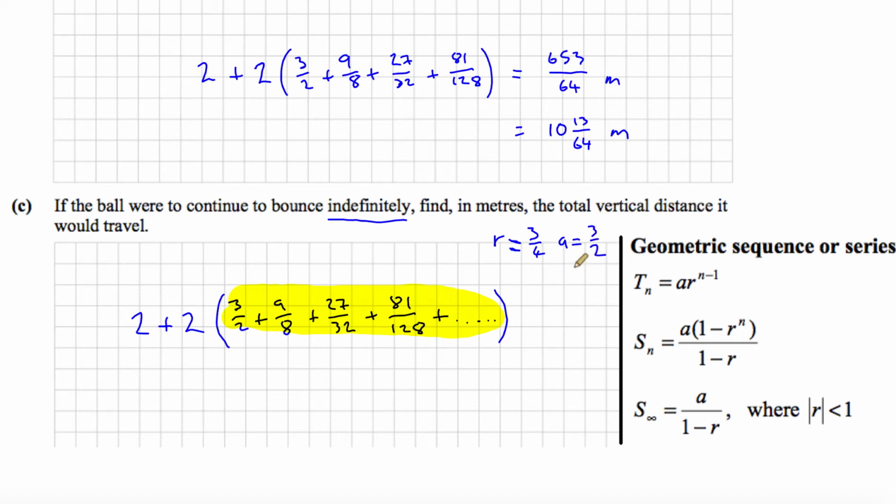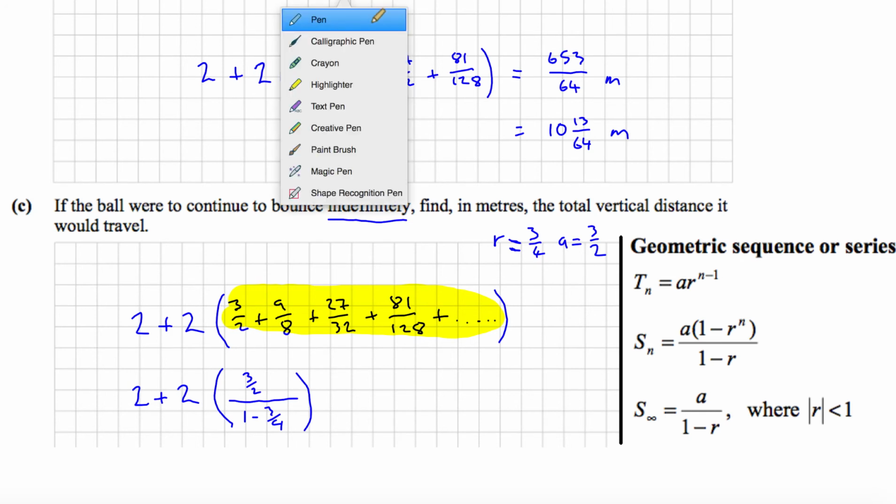So now that I've established a and r, I can substitute these into my formula. So that's going to give me 2 plus 2 times a, which is 3/2, all over 1 minus r, which will be 1 minus 3/4.